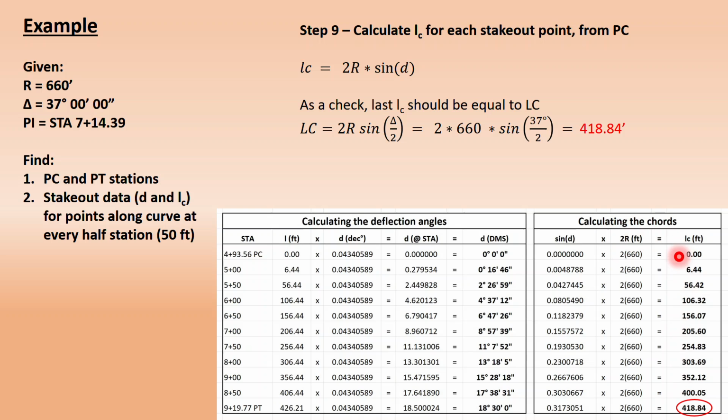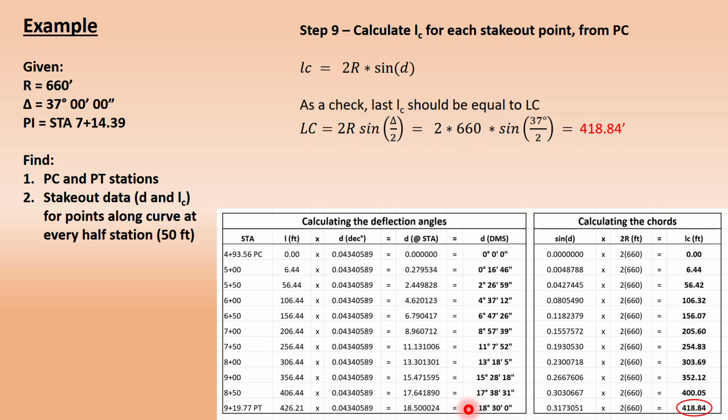And again, as a check, we know that the last chord distance should be equal to our long chord. Because when you think back to the horizontal curve, the long chord is the overall straight line distance from the PC to the PT. Where our instrument's right here at the PC, we're establishing that point, the PT.